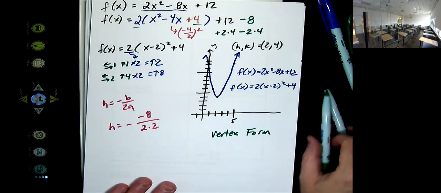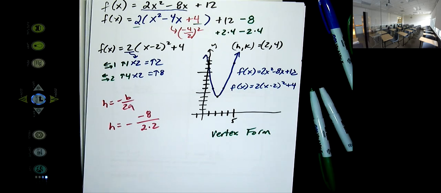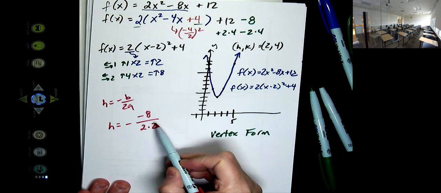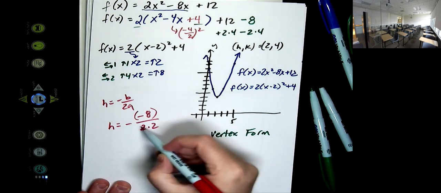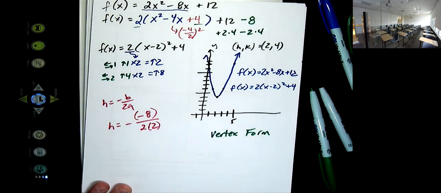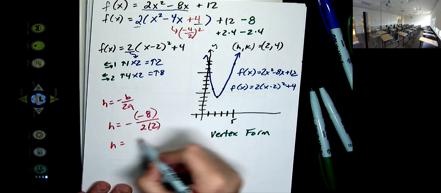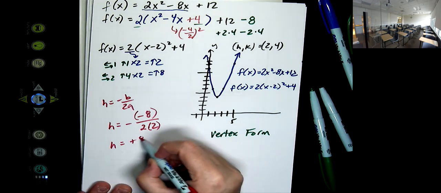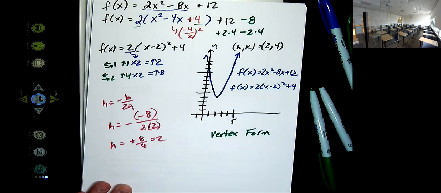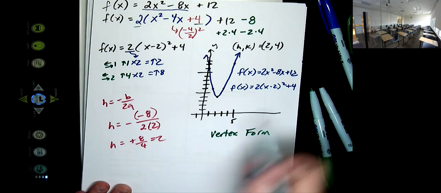So, back to my negative b over 2a, that's my negative b, and that's my 2a. I've got plus 8 over 4 is 2. And we saw that right here.